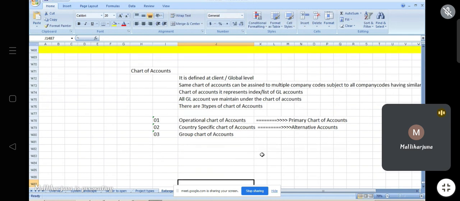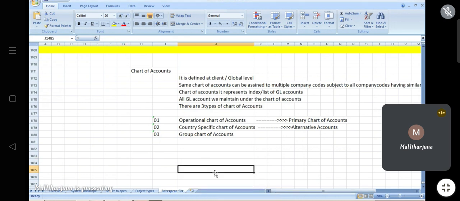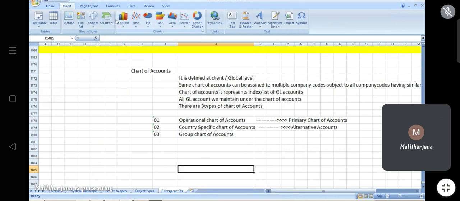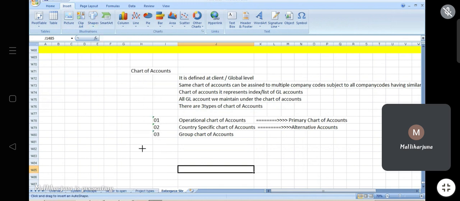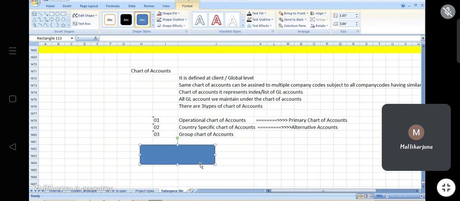A very important concept here: COA, chart of accounts.